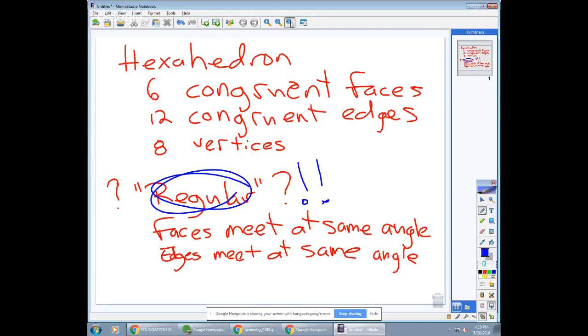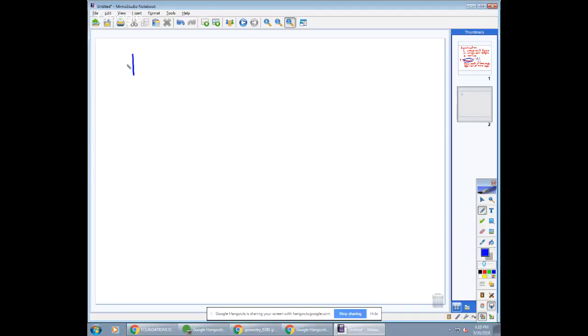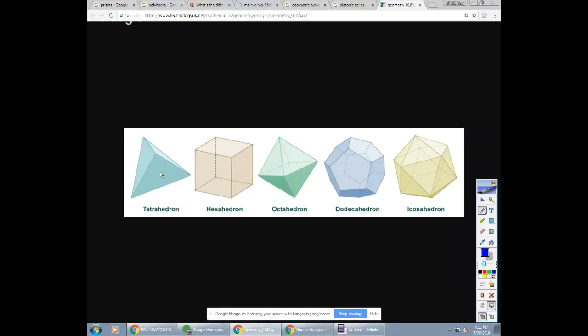Okay. So let's take a look at another one. Let's jump back a level and look at the tetrahedron. There are some websites that have these cool rotating pictures of them, in case you don't have your own 3D version with you.